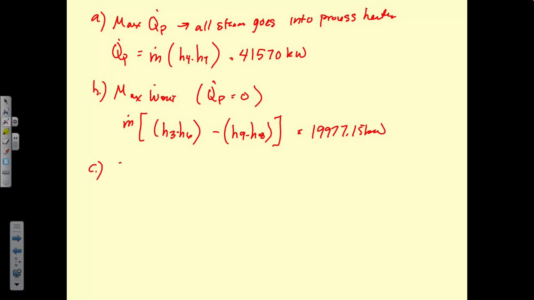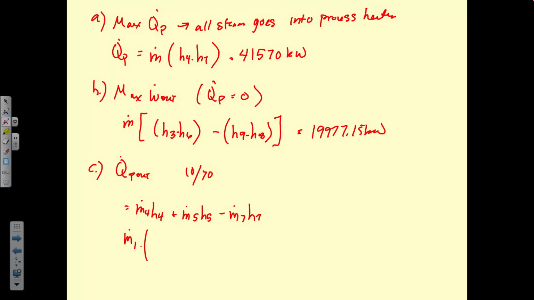And then part C, we want to find Q dot P out when it's a 10-70 split. So it's equal to M dot 4 H4 plus M dot 5 H5 minus M dot 7 H7.